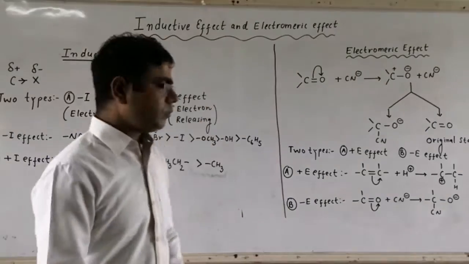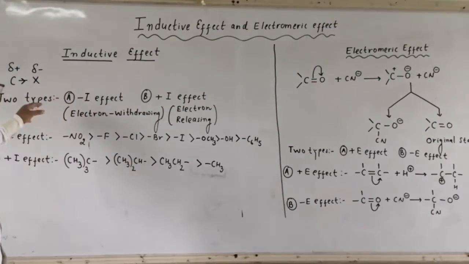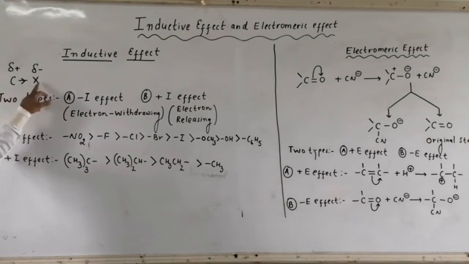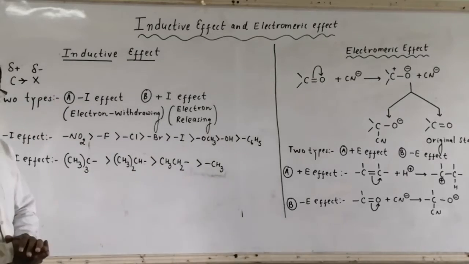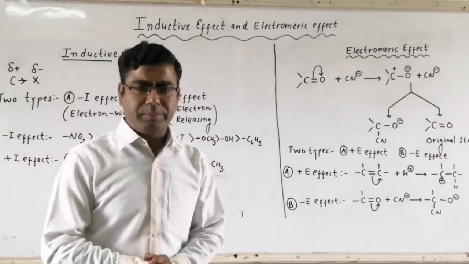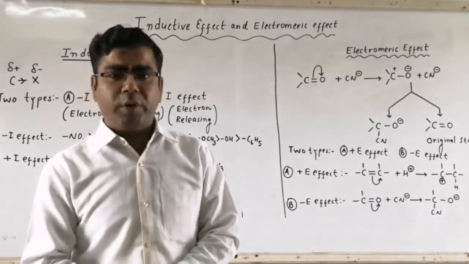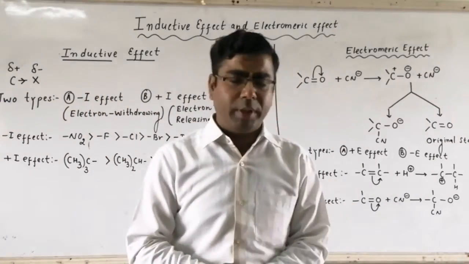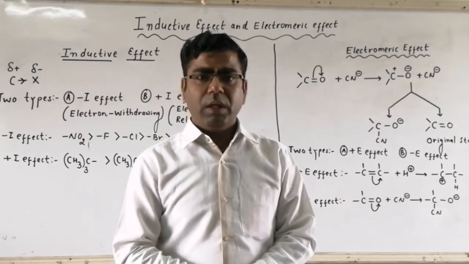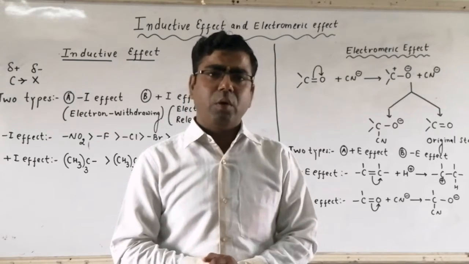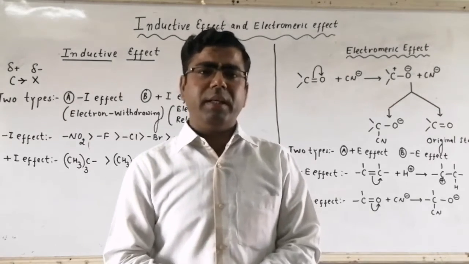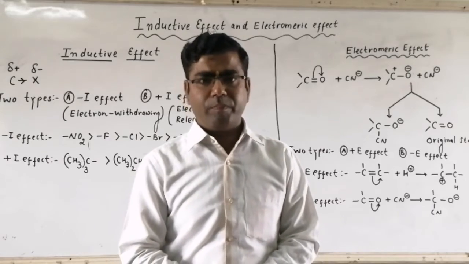Like, let us take example of C-X. Here, X is the halogen atom. It can be fluorine, bromine, chlorine or iodine. Halogen atoms have more electronegativity than the carbon atom.